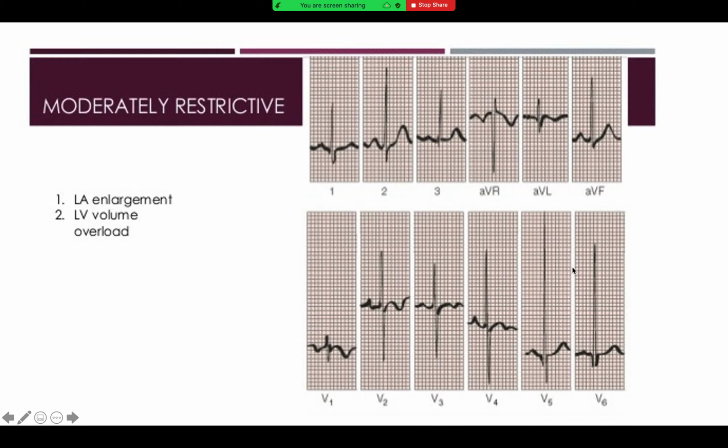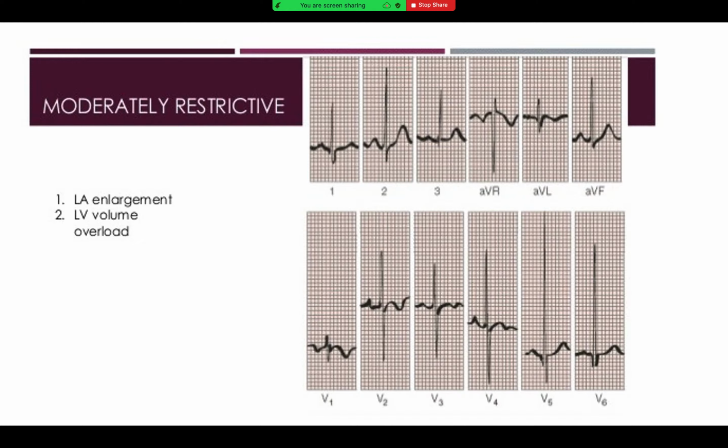For example, in this ECG, what do we notice? Over here, definitely the axis is pretty normal, right? And then we notice the left atrial enlargement. The first deflection of the P wave is always for the right atrium, and the second deflection is for the left atrium. And especially if the negative component is prominent, it again will point towards left atrial enlargement.